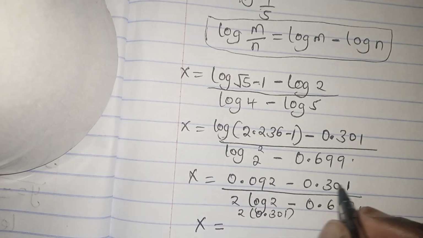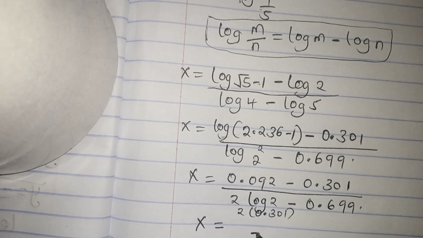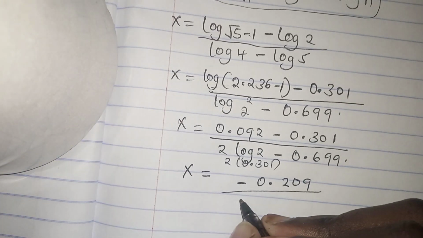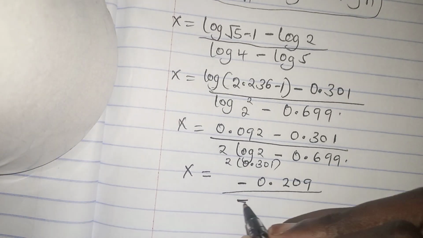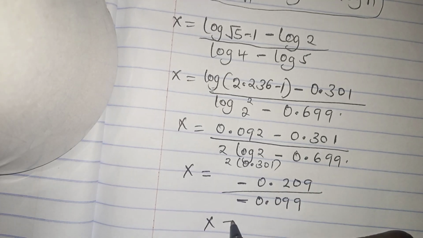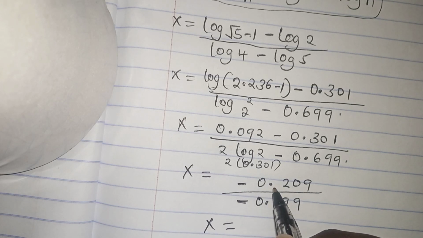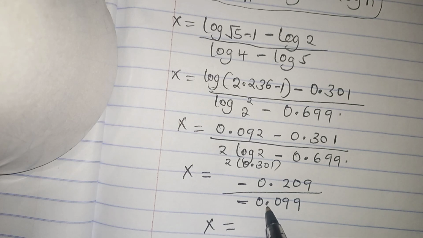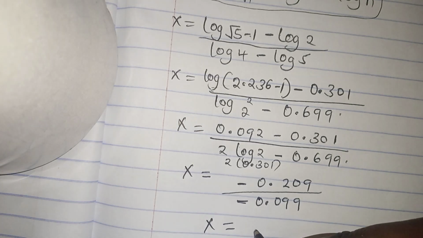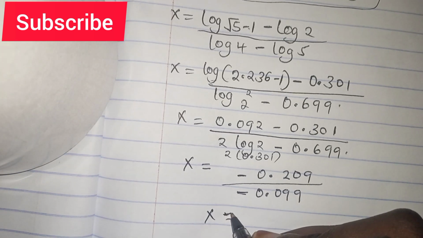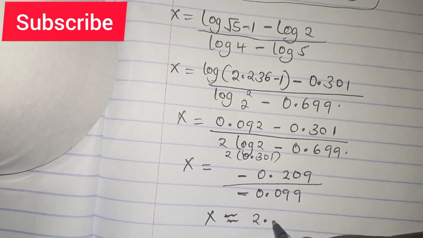So our numerator, if we evaluate it, we are getting negative 0.209, and our denominator, we are getting minus 0.099. So x is equal to, if you divide 0.209 over negative 0.099, negative divided by negative is positive. So we are getting x is approximately 2.114.